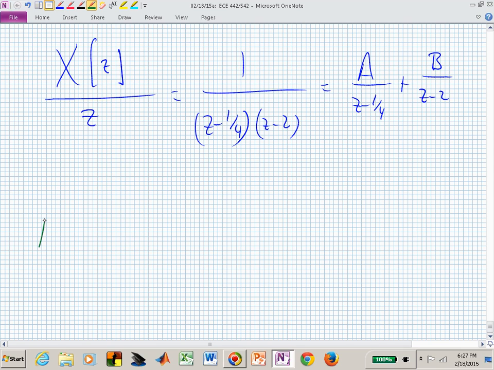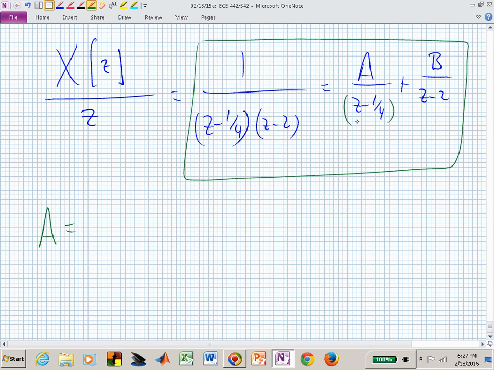And now we find a and b like we've done traditionally. We multiply both sides through by the factor z minus 1/4 to find a, leaving us on the left 1 over z minus 2, and we evaluate at z equal to 1/4.